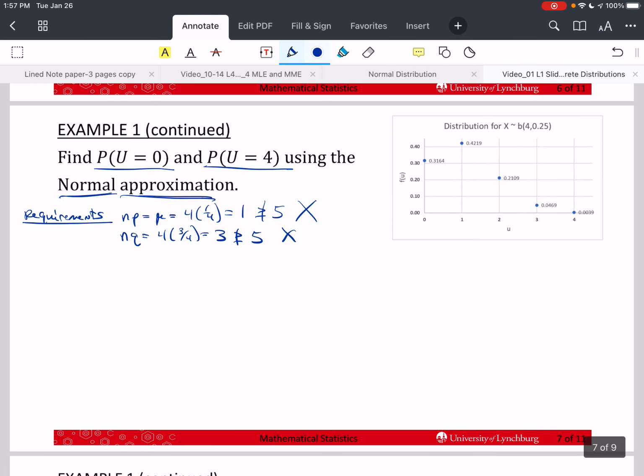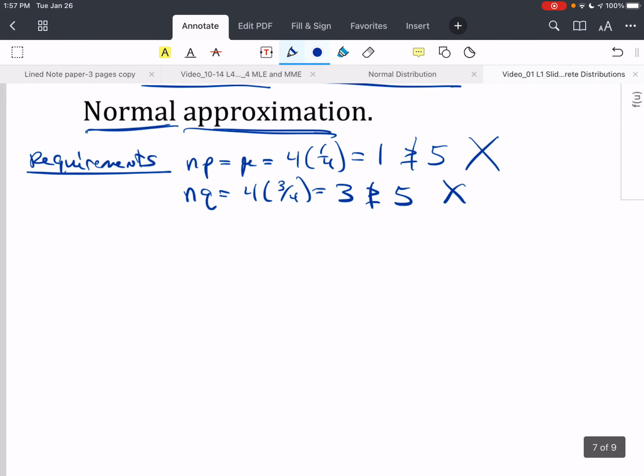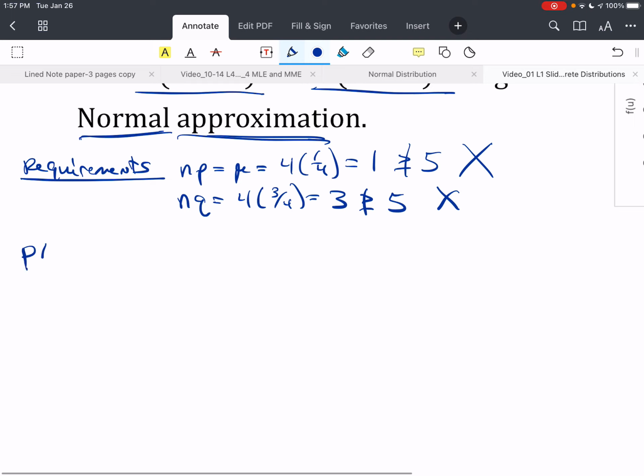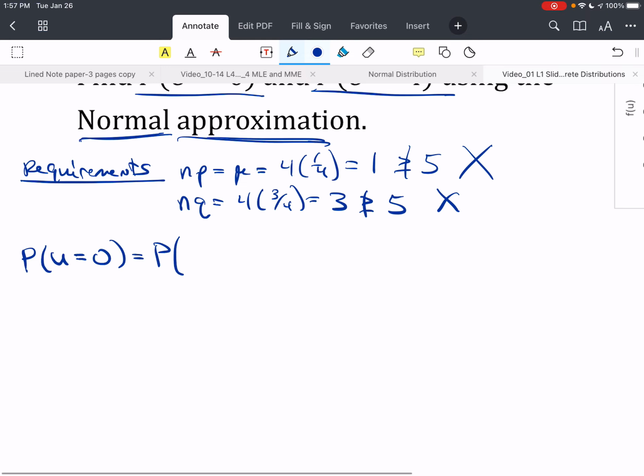So we want to start off with, and I'm going to zoom in to make this easier for me to write, the probability that u equals 0. We're going to subtract a half and add a half. So we're going to get negative 0.5 to positive 0.5. Then negative 0.5 minus mu, or np, which is 1, divided by the standard deviation.